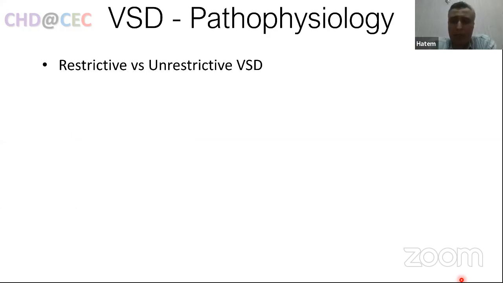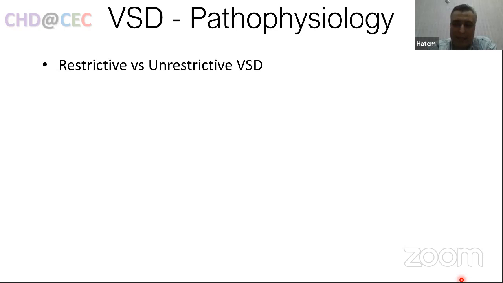Again, something very related to VSD: the concept of a restrictive versus unrestrictive VSD. This is an important concept. What is a restrictive VSD? A restrictive VSD is a VSD that is small enough that it restricts blood flow so that it does not allow equalization of pressures across the VSD.